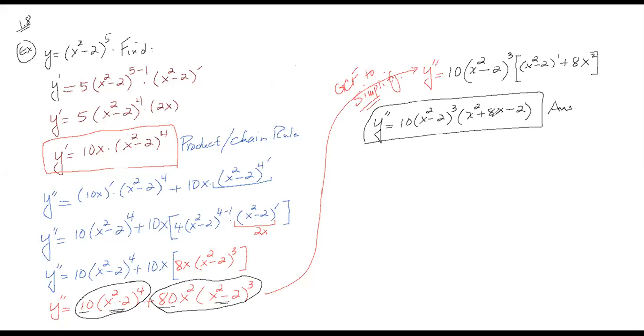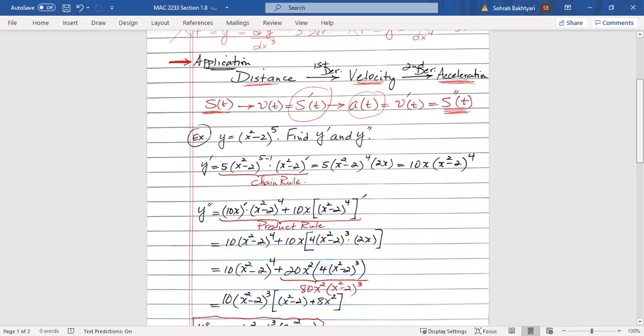So then this would be x squared plus 8x squared will be 9x squared and minus the 2. Yes. Thank you. All right. So that is the correct answer.